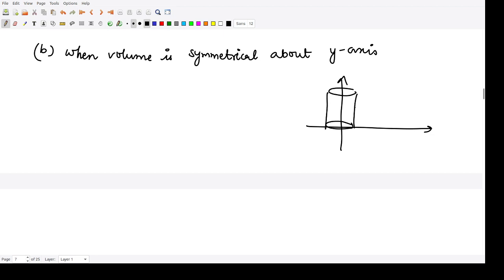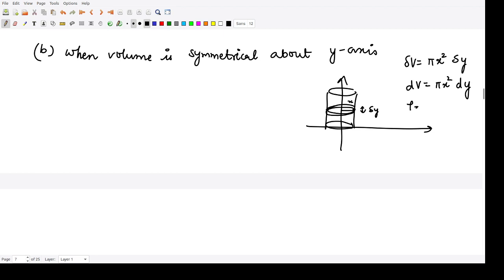Now we can take a very small portion of this also. It would have this displacement as delta y, and this length would be x, right? So this very small volume delta v would be pi r square. What is the radius? Radius is x. So pi x square delta y. So dv would be pi x square dy, right?